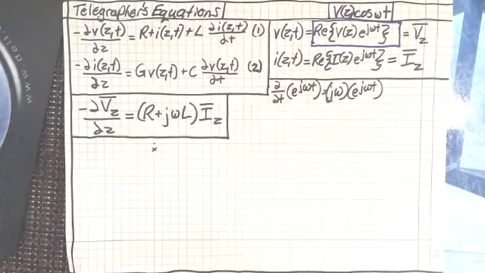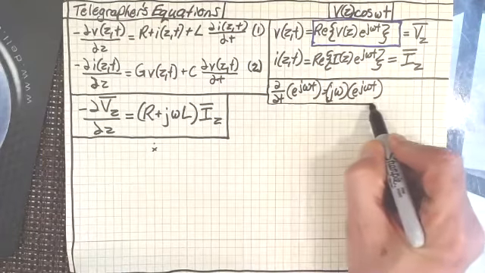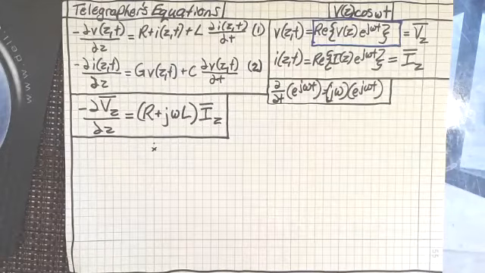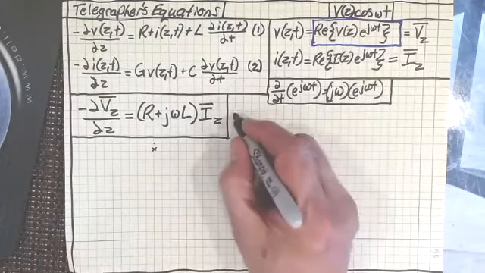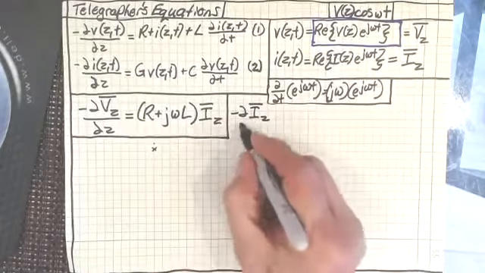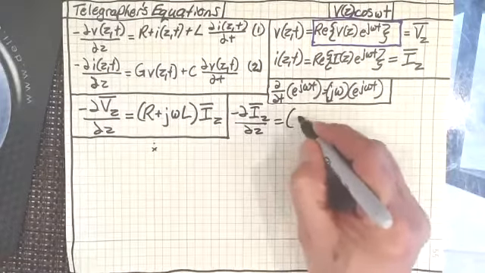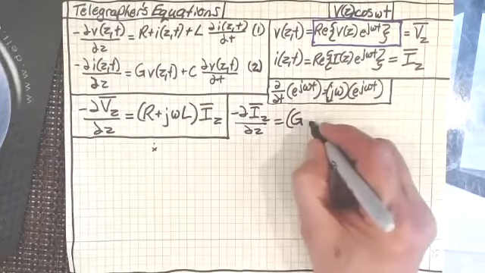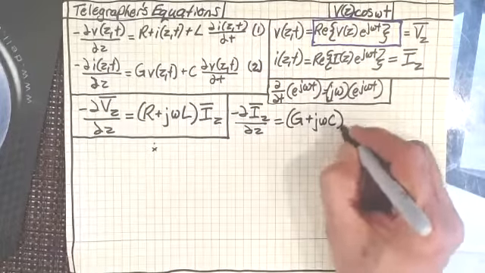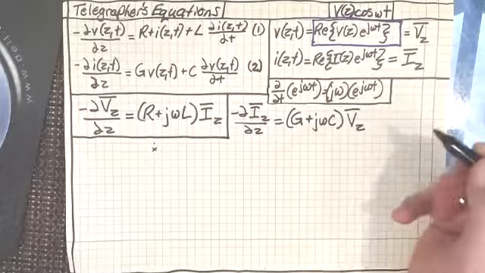That's my first equation right there. And what will the second equation then look like? I think everybody can figure that out. That's going to be minus the partial derivative of I sub z bar with respect to z equals G plus j omega C times v sub z bar.